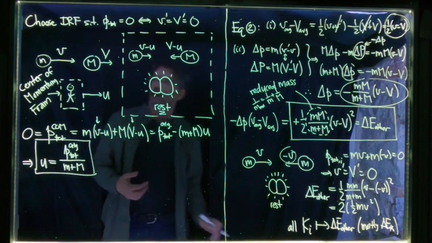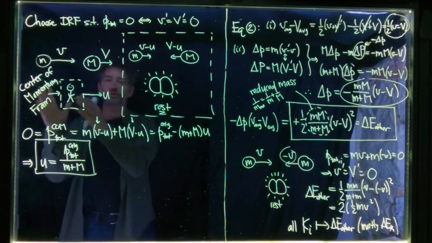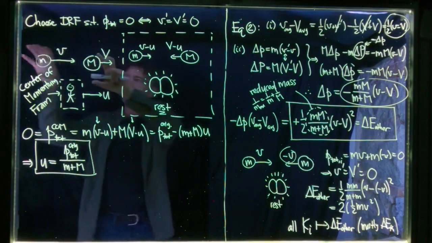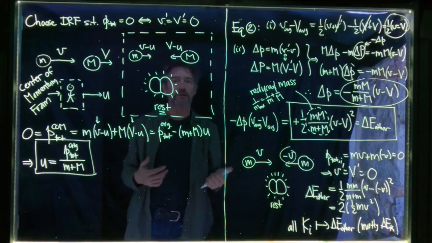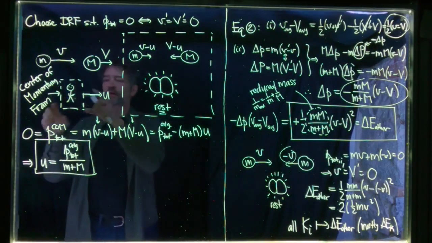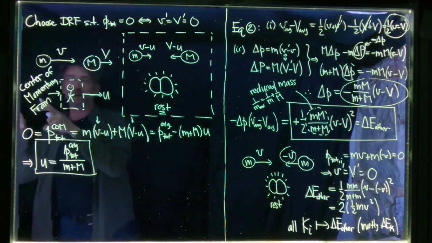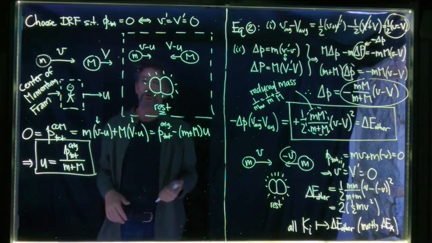So the kinetic energy in the system depends upon your choice of inertial reference frame. For example, suppose we have both of these objects moving to the right, maybe one faster than the other. There's certainly some kinetic energy. If I go to a reference frame that's moving to the left, then in that new reference frame those two objects are moving faster to the right, and obviously they have more kinetic energy.